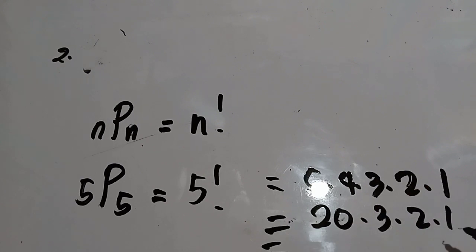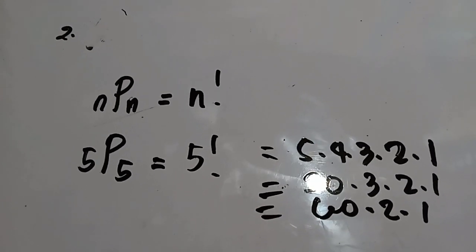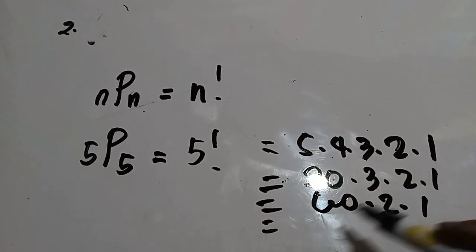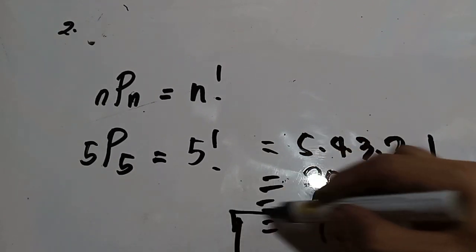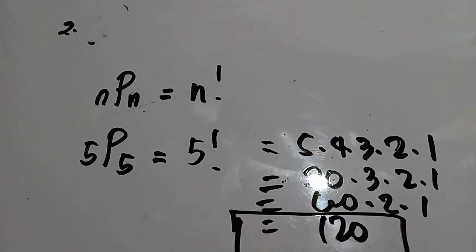Next, 20 times 3, that is 60, times 2 times 1. Next, we have 60 times 2, that is 120, times 1, so 120. So, if the 5 students be seated in a row of 5 seats, ang ating sagot is 120 ways.